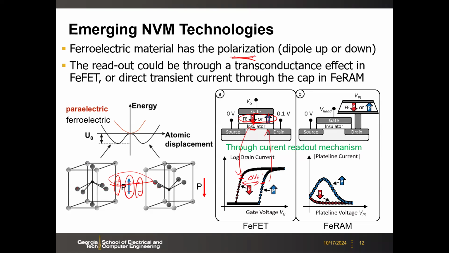Okay. But there is a fundamental difference in the FE effect compared to the floating gate or charge trap in the flash. That is, the switching direction is just the opposite. So in this IV curve, if you sweep the voltage, let's say from 0 to some high voltage, then this switching will be counterclockwise, okay?